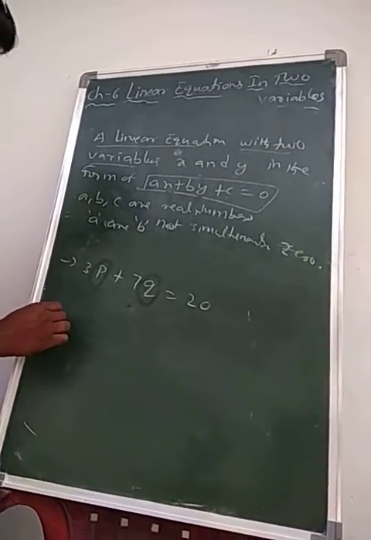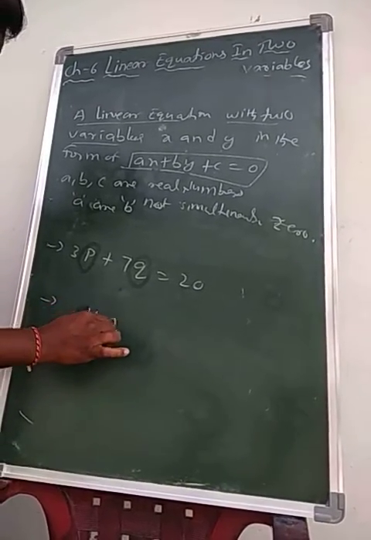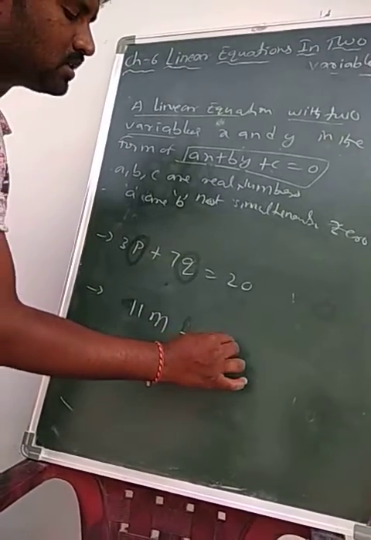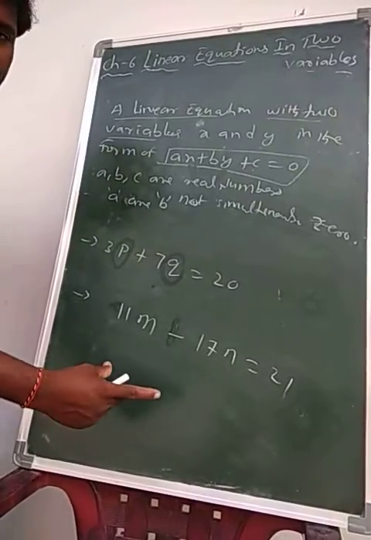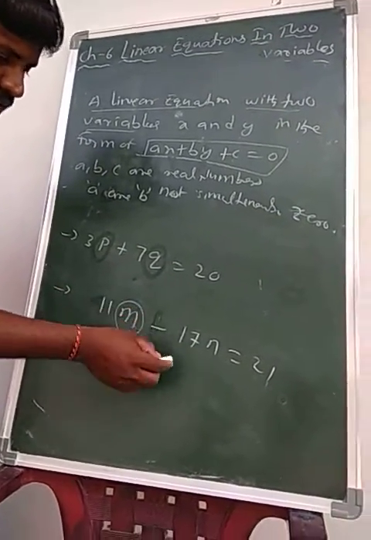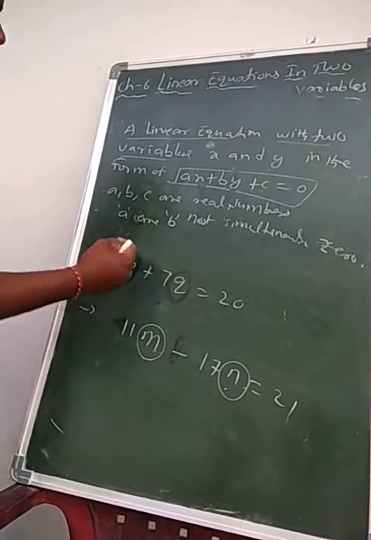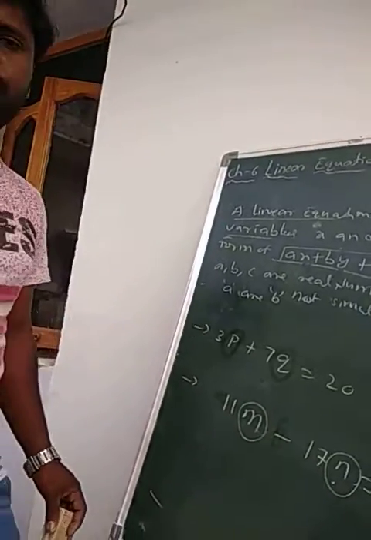Next, 11m minus 17n is equal to 21. This is also a linear equation with two variables. The variables are m, n. So these are the examples. Thank you.